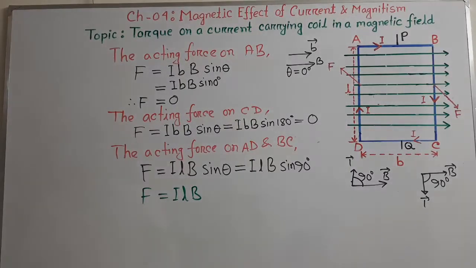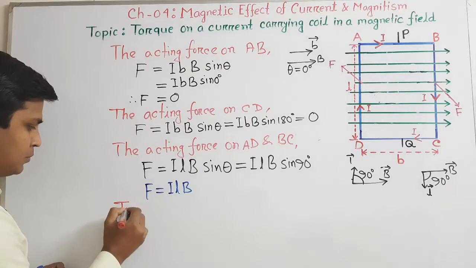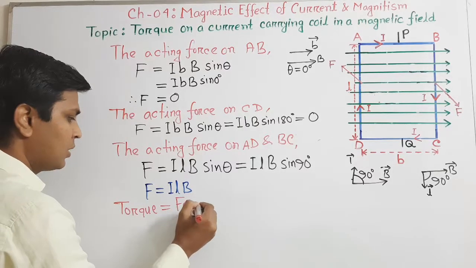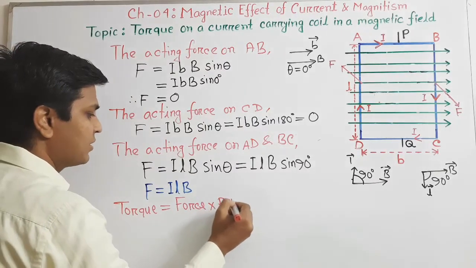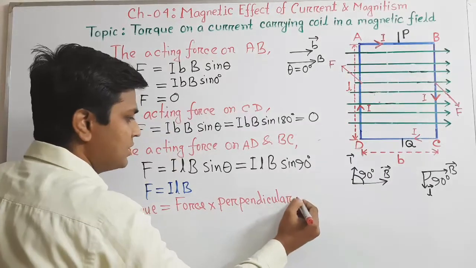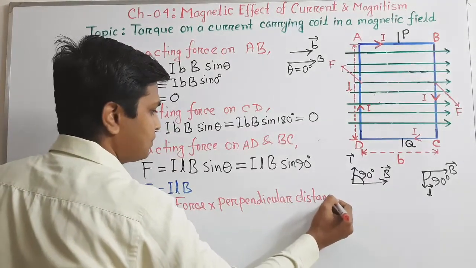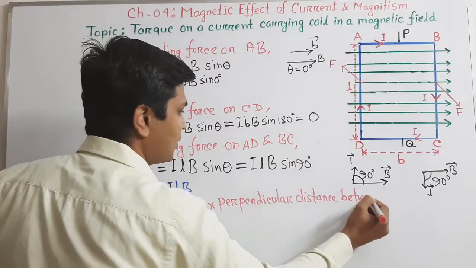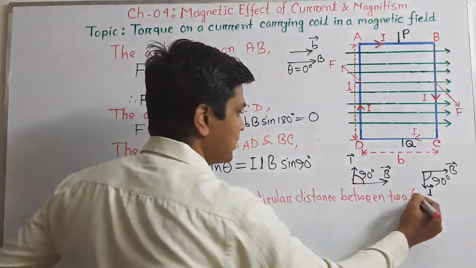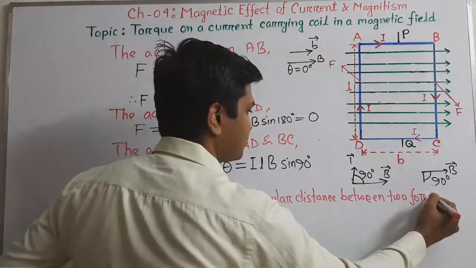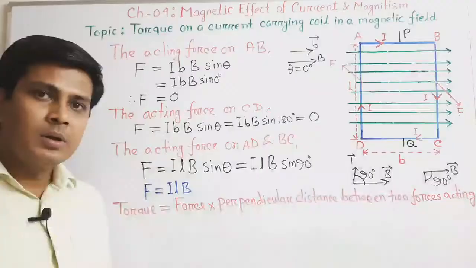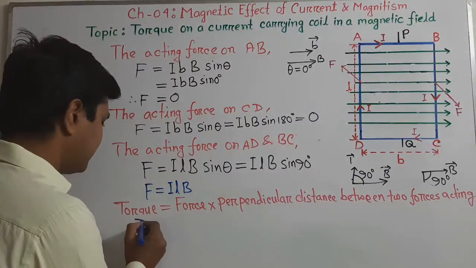So we can write here: torque equals force times the perpendicular distance between the two forces acting.